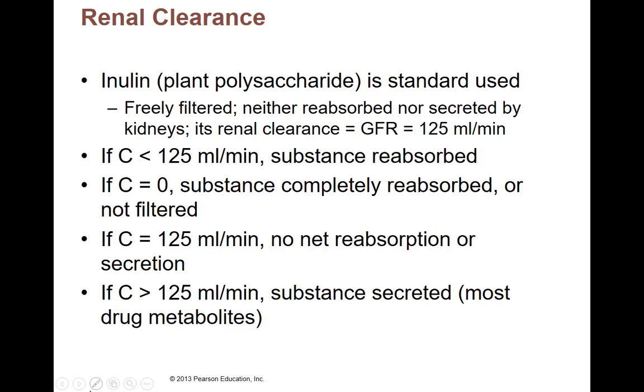Now, we always compare renal clearance to a specific molecule called inulin. It's a plant polysaccharide. It's like a starch. Now, we know that inulin, this plant polysaccharide, is freely filtered. It can go through the glomerulus, just go straight through the filtration to get filtered. We don't reabsorb it.